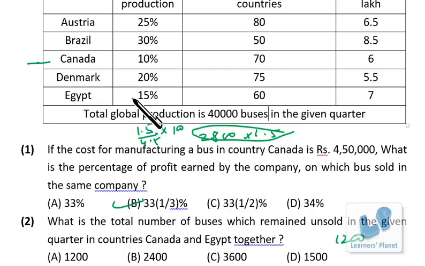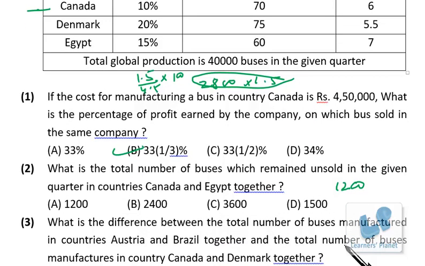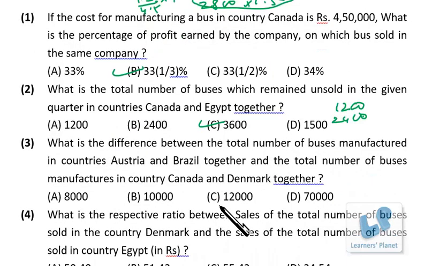Okay, then for Egypt, 15%, that is 6,000. 60% is sold, 40% is not sold. So 2,400. Okay, so that is 3,600. Clear?